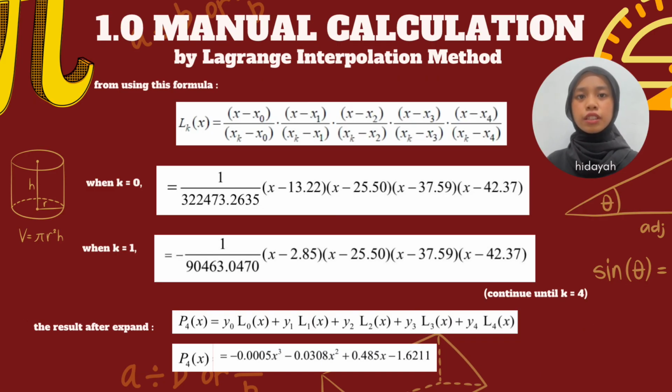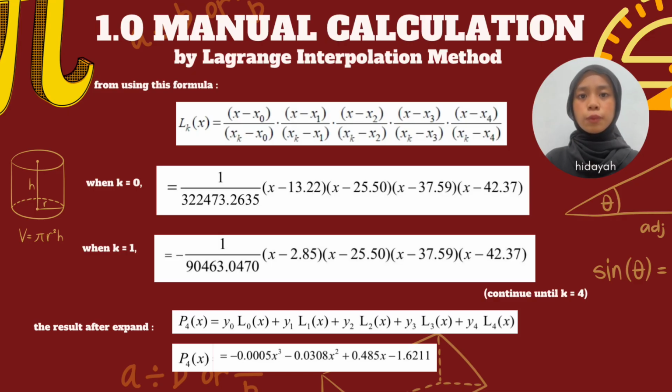Next, I will explain the manual calculation using the Lagrange interpolation method. First, we use the Lagrange basis polynomial formula shown on the slide. The values of L sub k x are calculated for each data point starting from k equal to 0 until k equal to 4. Next, we substitute the harvested area values into the formula to obtain the corresponding basis polynomials.